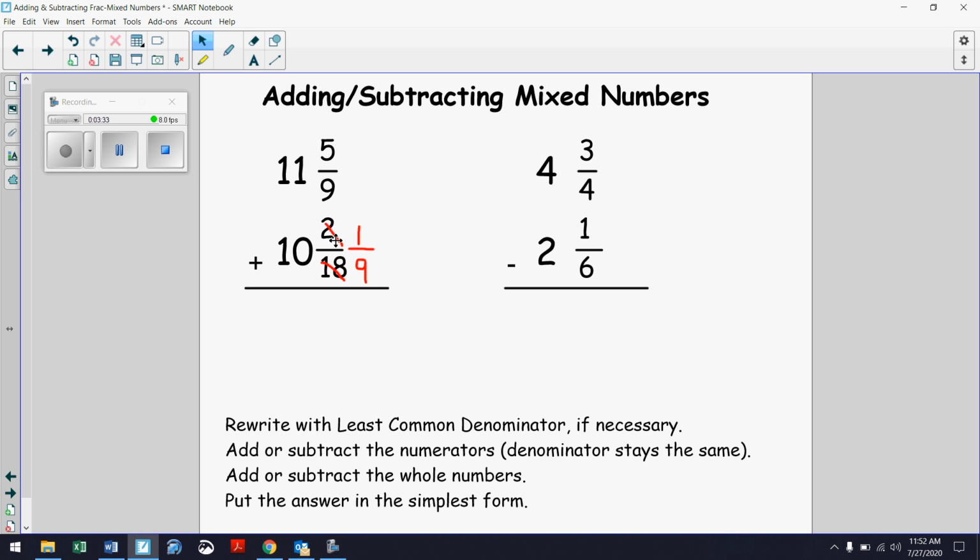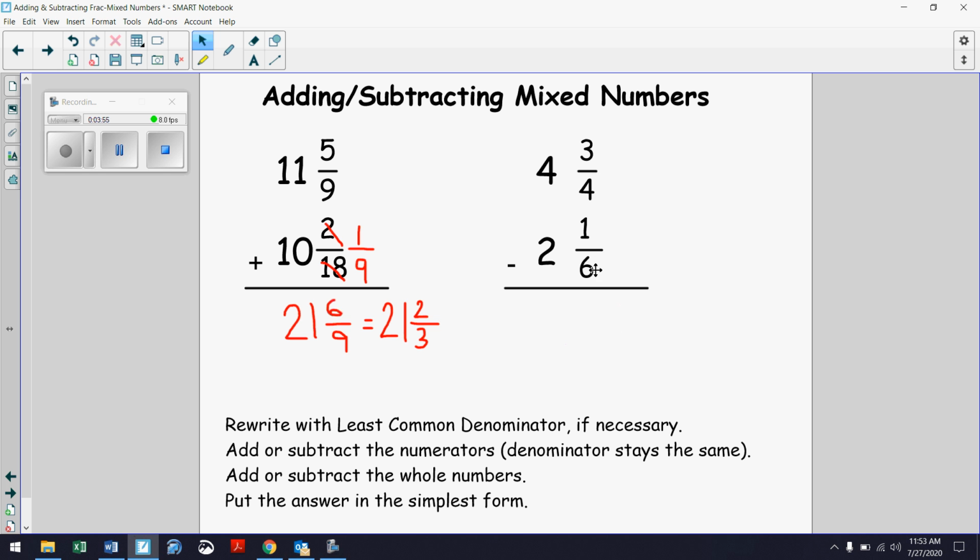So if I divide 2 and 18 by 2, I get 1/9. Now I have common denominators. So I follow the rest of the steps. I'm going to add my numerators, keep the denominator the same, and then add my whole numbers. So I'll get 21 and 6 over 9, and then simplify that to 21 and 2/3.